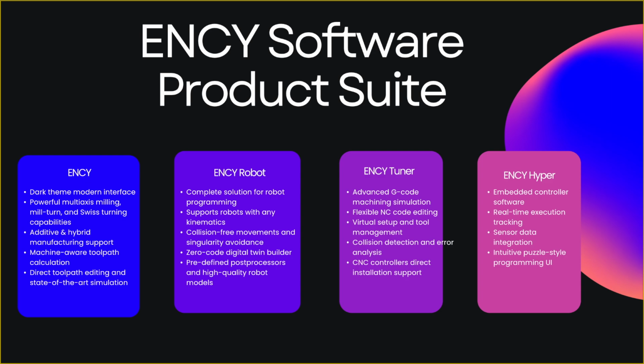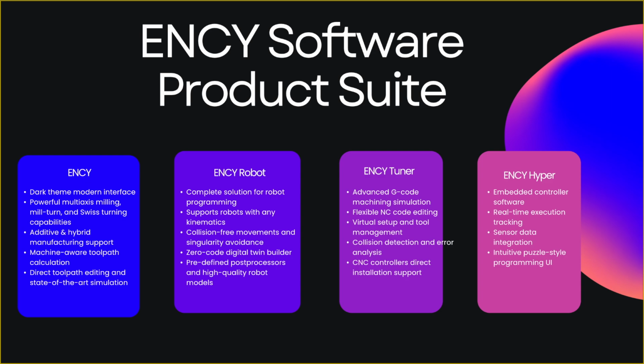So if you have some G code that's been used for a long time, and you don't have the file or the program that you used to generate that code, ENCY Tuner allows you to input G code and reverse engineer it into ENCY.